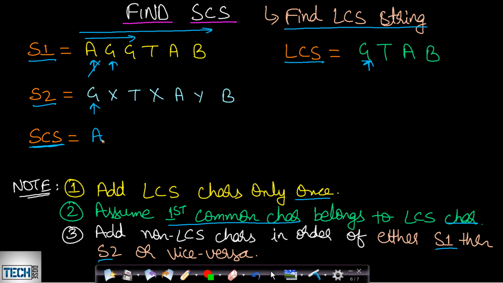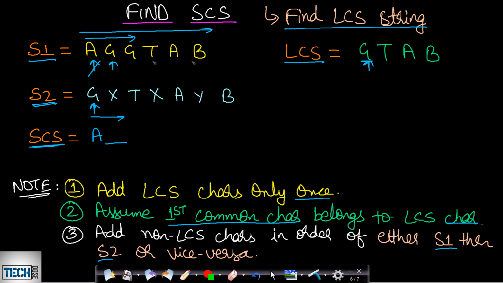Now we will do the same thing for this string S2, and we will keep traversing to the right hand side and include all the characters in this SCS, and after that we will include this LCS character. But here this is already pointing to G, therefore we will not be including anything.